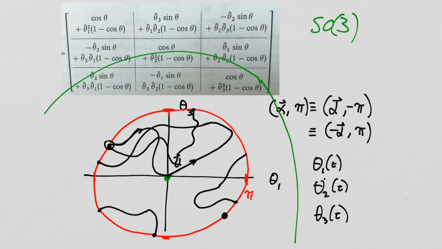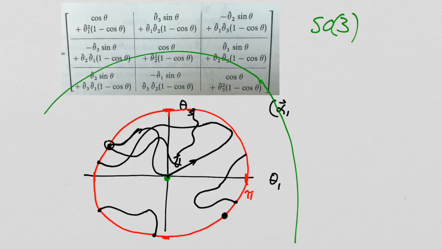And one thing I want to mention before we go on to SU2 is one of the ways to understand a given point in this space. Like, let's say I chose this point right here, right? That point has coordinates theta 1, theta 2, theta 3.